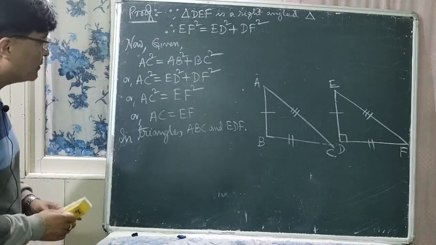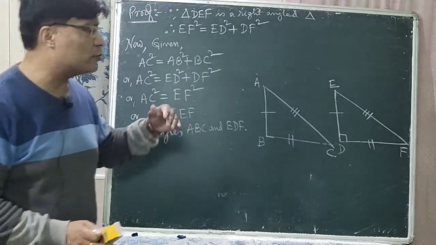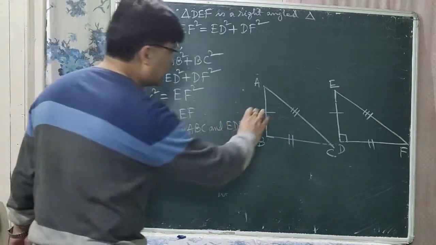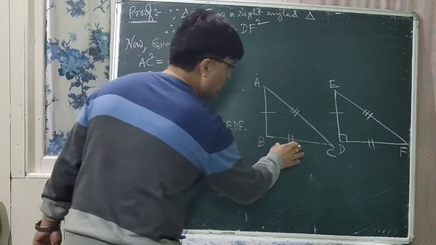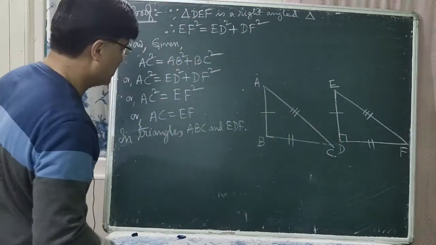In order to prove that these two triangles are congruent, that is equal in all respects, you have to give the three reasons in this case. So what are the three reasons? AB is equal to ED, that is the first. BC is equal to DF, that is the second reason, and AC is equal to EF, that is the third reason, right?